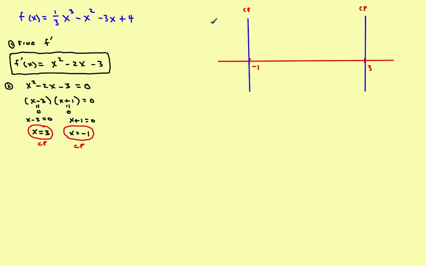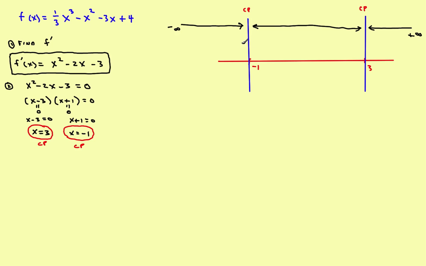So let's go ahead and put this across here. You've got a first interval right here that goes from negative infinity to negative 1. You've got a second interval that goes from negative 1 to 3. And finally, you've got a third interval that goes off to positive infinity. So there's your 3 intervals.